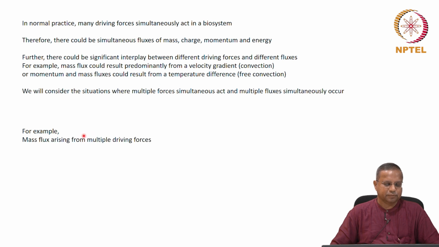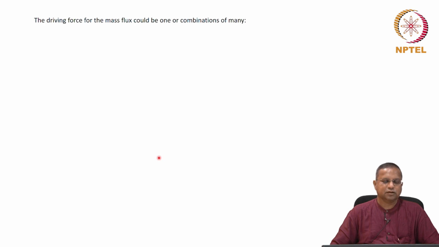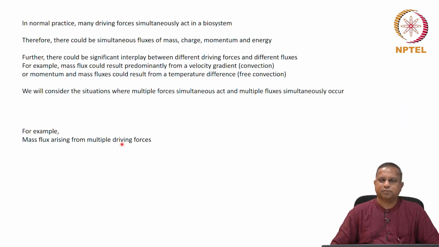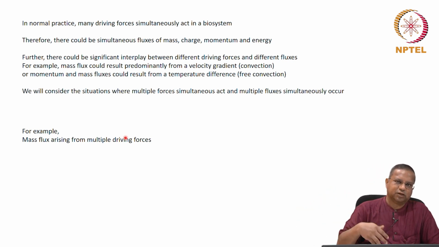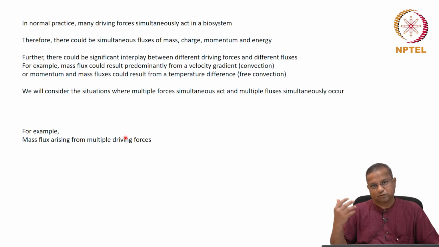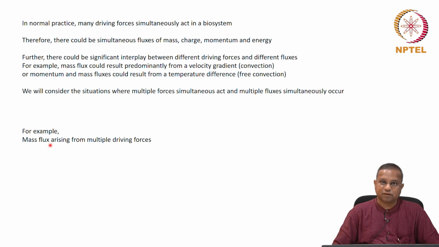For example, mass flux could arise from multiple driving forces. Of course, the concentration gradient one would always exist. Then there could be convection, there could be a temperature gradient, there could even be a charge gradient, which causes mass flux.